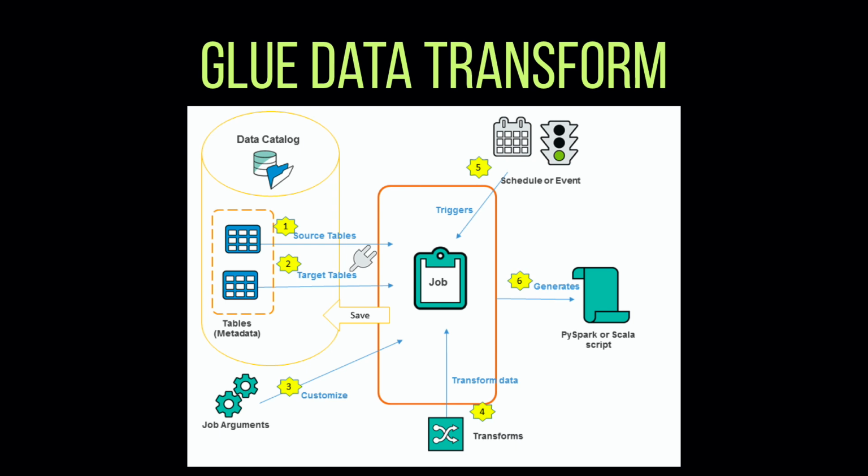To get started with a job, you need to have defined some tables in your data catalog, the source tables and also the destination tables. Then for the data transformation per se, Glue will generate a script that will transform the data from the source to the destination. This will be generated automatically. However, you can customize that script as much as you want, and the script will be in PySpark or Scala.